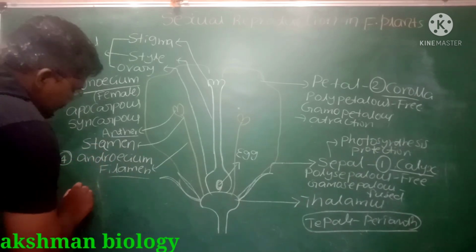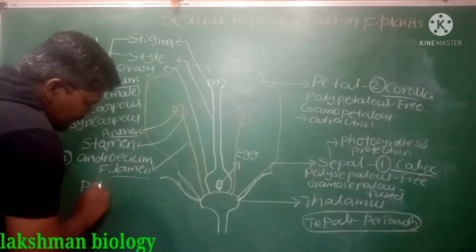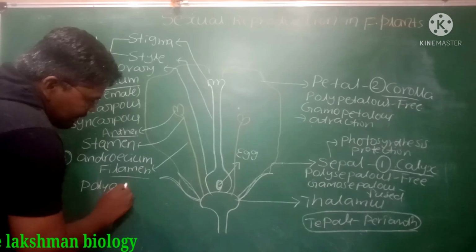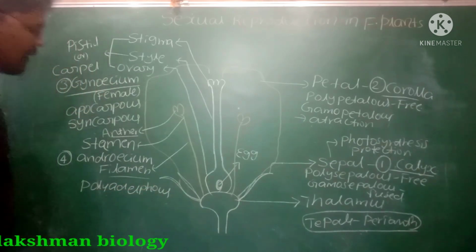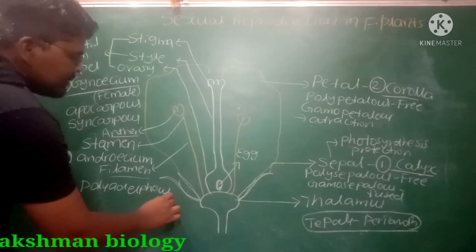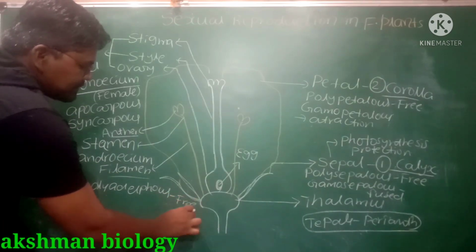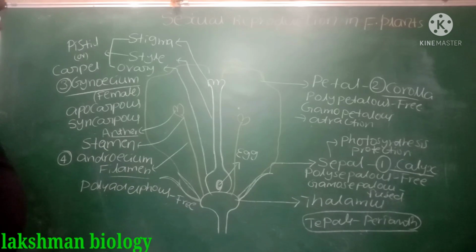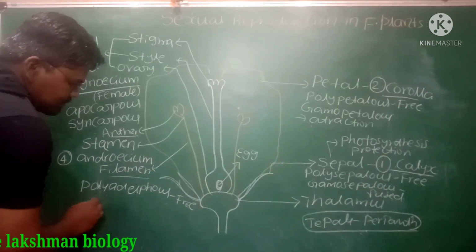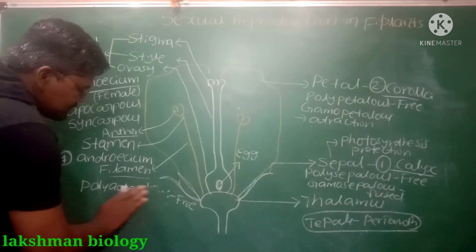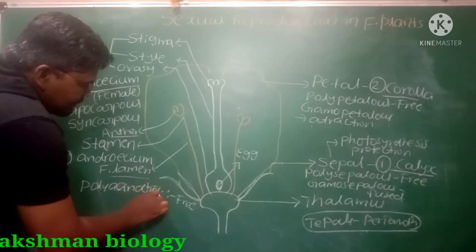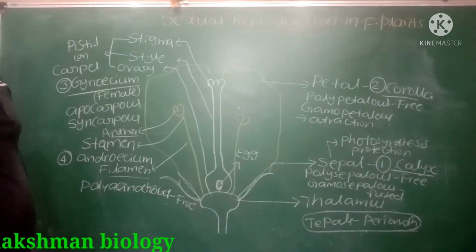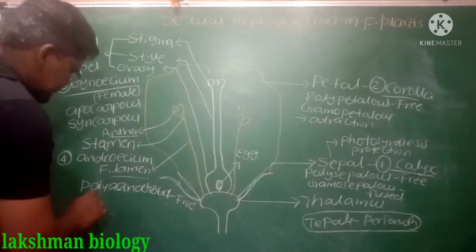When stamens are free, then that condition is called polyandrous. Polyandrous means the stamens are free.